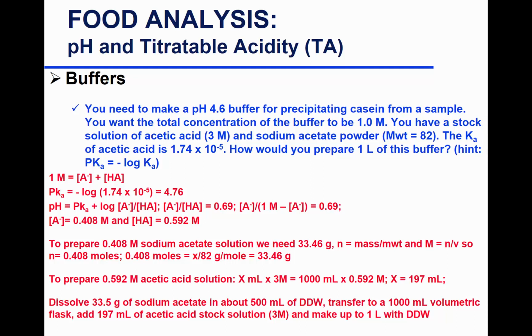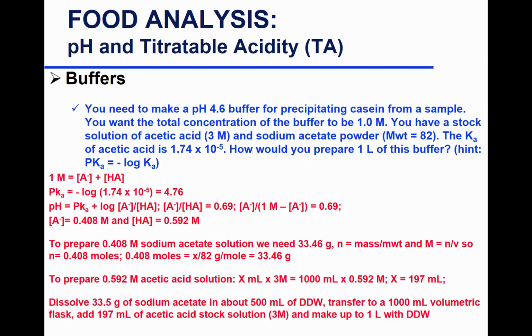I'm preparing 1 liter. So after solving for X, it's 197 milliliters. So I need this many grams of sodium acetate and 197 milliliters of acetic acid.